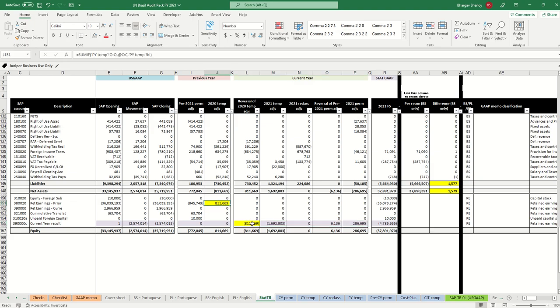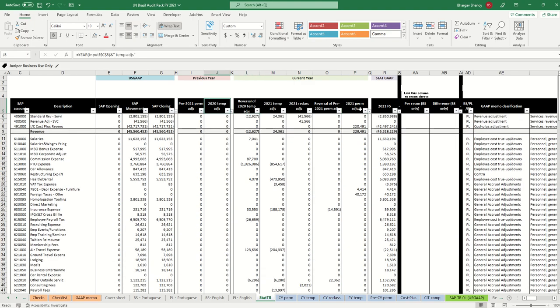So this is a very excellent way of looking at things. So you will see that this 1.69 million has to get reversed in the next year, and this reversal is already coming out of this permanent, and this permanent has to be carried forward, and next year my total permanent would be 485 plus 286K. So that's about how the audit pack works.